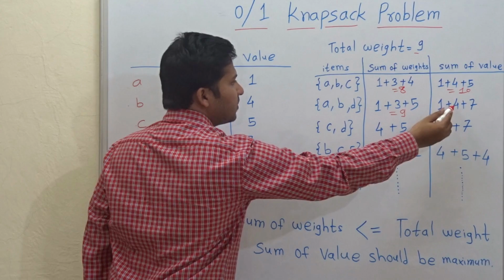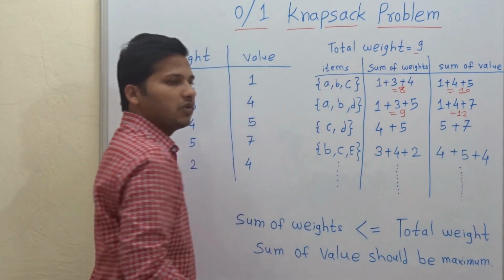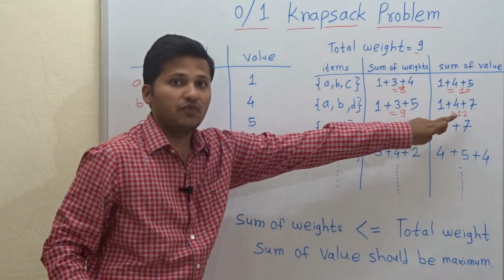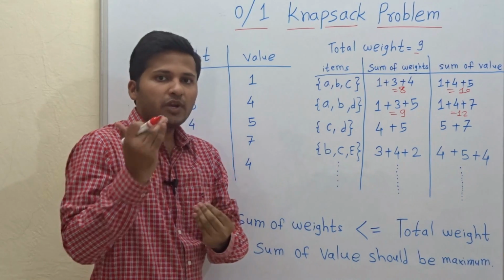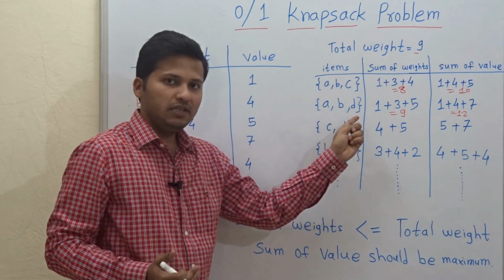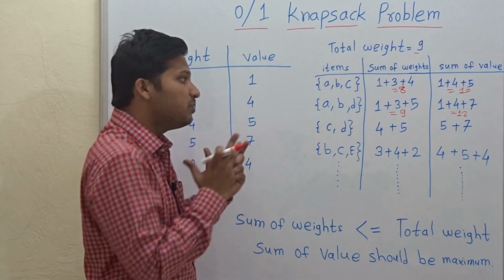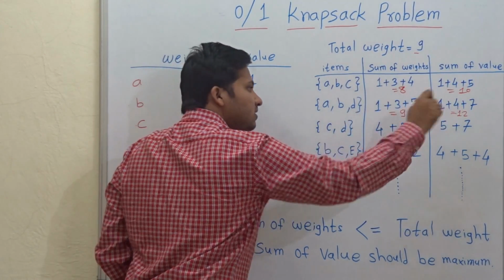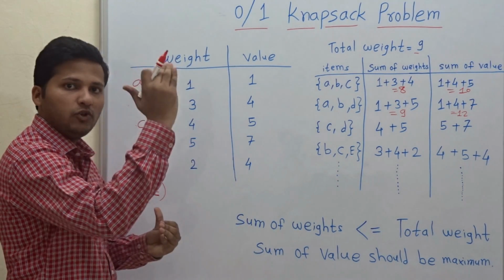So 1 plus 4 is 5 plus 7 is 12. Okay, so the value generated is 12. So 12 is greater than 10. So obviously we will prefer A, B, D. But there can be some more selections which may have more value than 12. So we are always going to maximize the value.